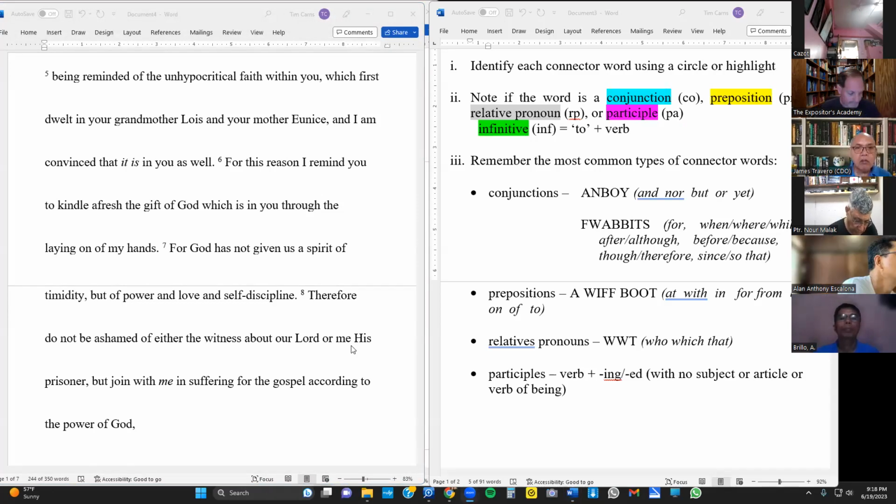All right. Let's do this. Okay. Noor, I'm going to pick on you first for verse 5. All right. We'll help you out if you get stuck at all, but see if you can identify the connector words there. What connector words do you see? Verse 5, of.